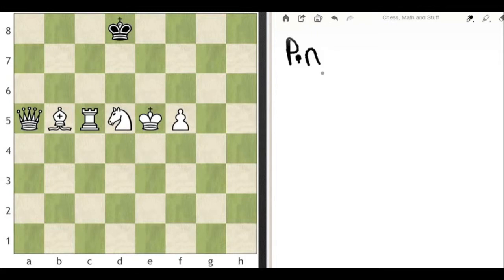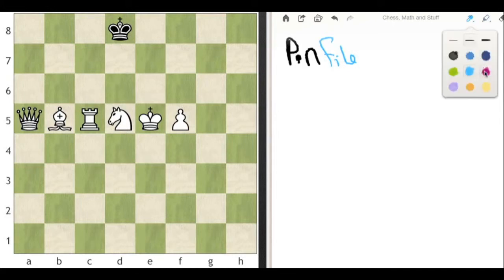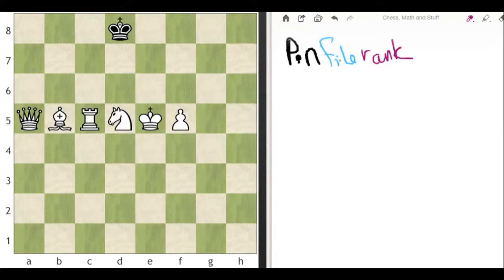Then, sorry, wait, it's file. Beg your pardon. Pn, file, and then we have rank. So pn file rank, and now let me tell you how you would write the names of all these pieces.